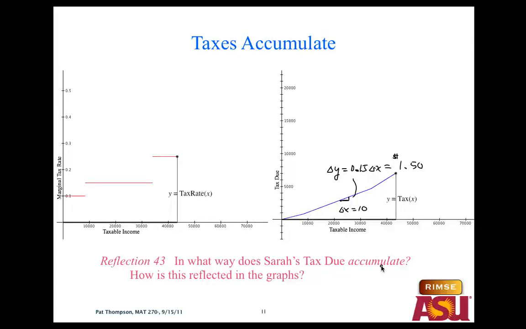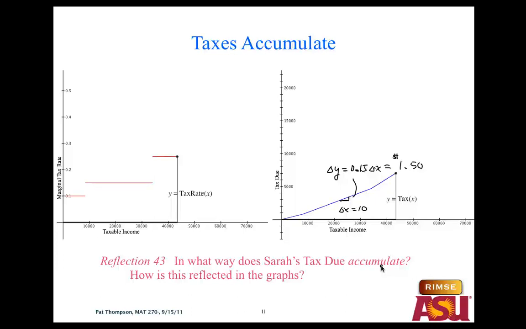Okay. So how does your tax due accumulate over time? As you make little bits of money, your tax accumulates bit by bit by bit. So in this bracket, for every $10 that you make, your tax goes up a little bit, right? And that's really easy to calculate if we have a constant rate of change, you see?